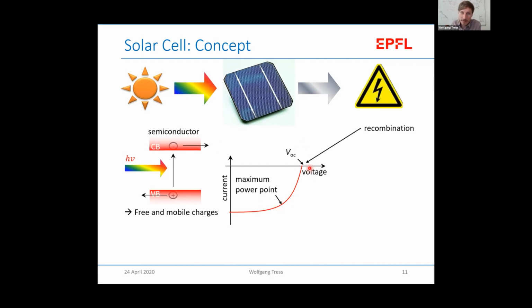And the open circuit voltage is, of course, the point where we do not have any current flowing, because here the current is 0. This is when the device is at open circuit, and we just measure the voltage. In that case, of course, all the photogenerated charge carriers have to recombine. So this means the electron basically annihilates with the hole, and in the best case, it emits a photon again.